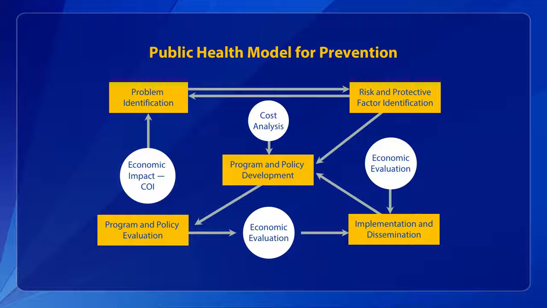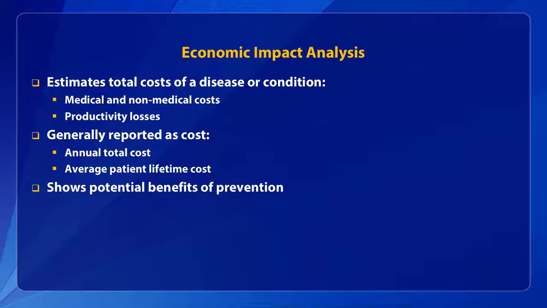Economic evaluation can be conducted prospectively or retrospectively. For example, a prospective evaluation might help determine whether a program or strategy is effective enough to be recommended for broader implementation. The first type of economic evaluation, economic impact analysis, deals with identifying problems in the public health model.